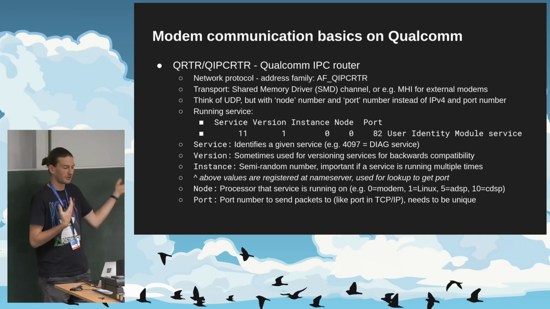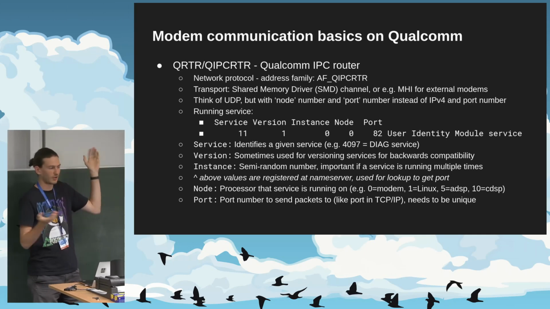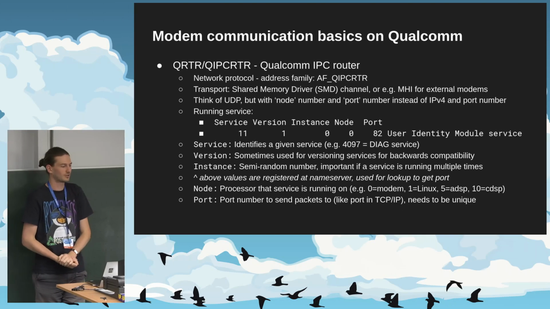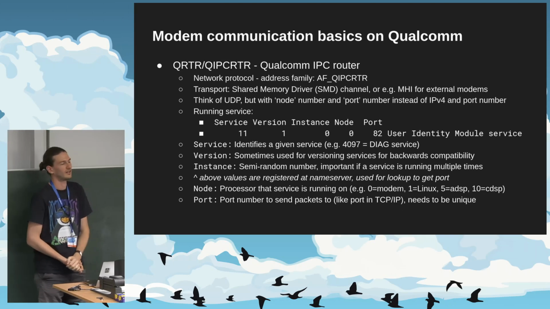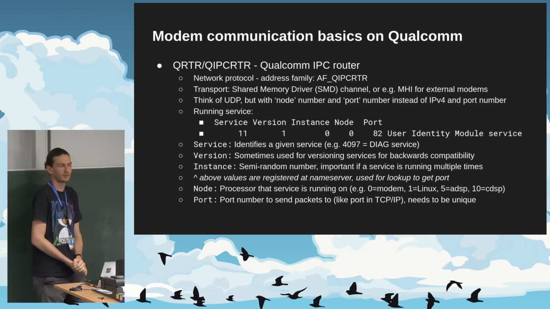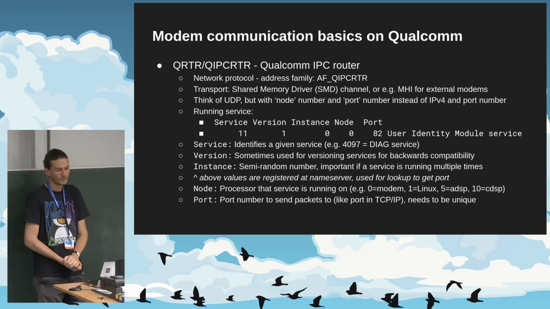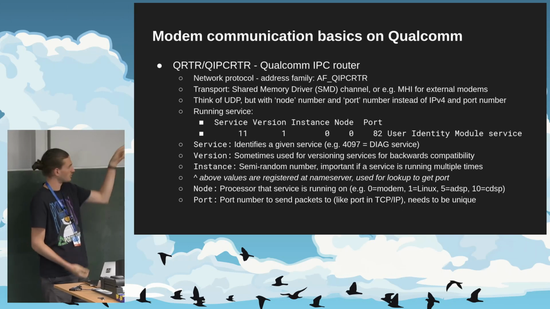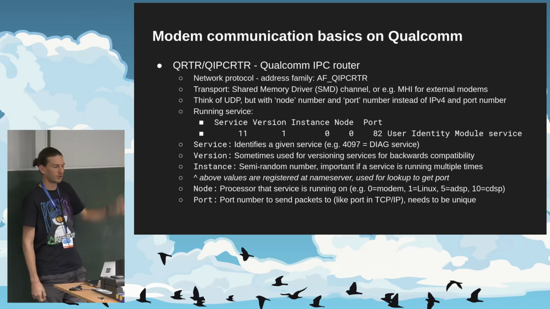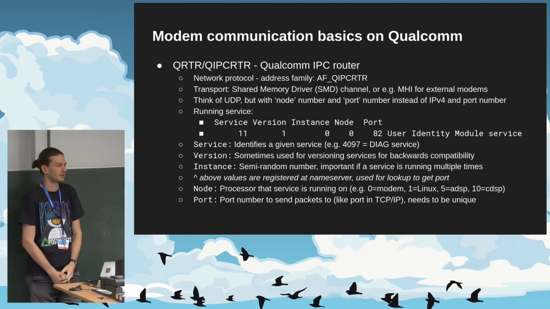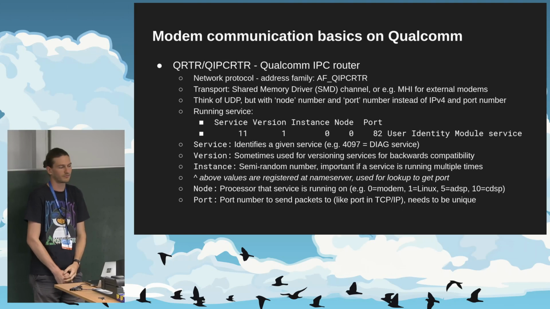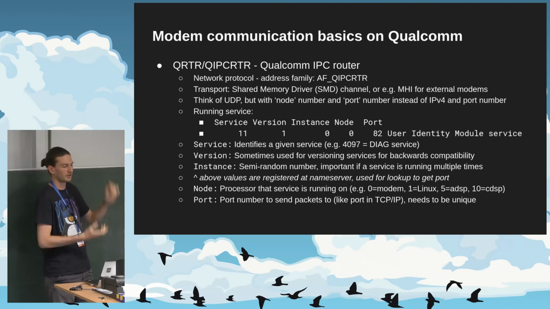There's a thing called QRTR, which is also known as QIPCRTR, the Qualcomm IPC router. It's actually a sort of network protocol, which in the Linux kernel you can find as AF_QIPCRTR. It's kind of a socket type. So instead of doing a TCP socket, you make a QRTR socket.